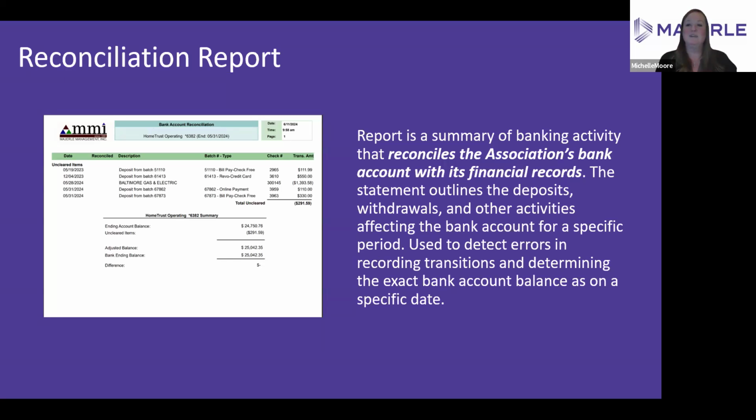So it's a great way to easily look to see if there might be an issue there. Outstanding payments for too long is a problem. And if you show a deposit that's outstanding, you need to research that as well. But this is just a very easy way to identify any issues.